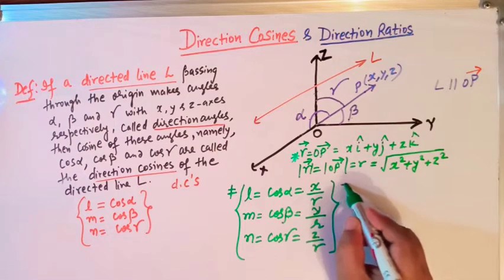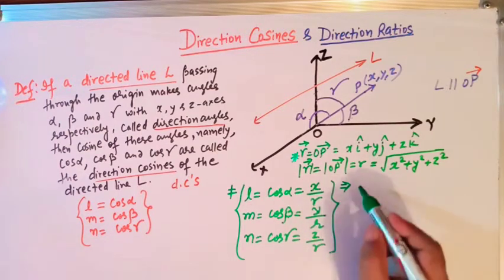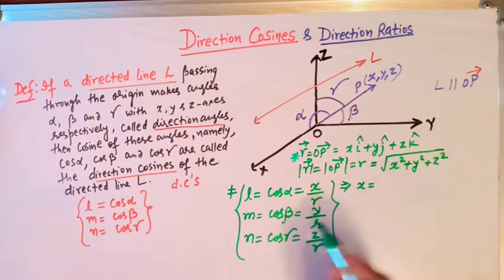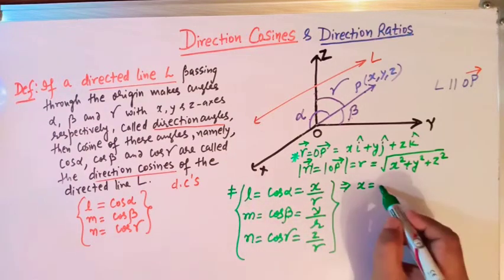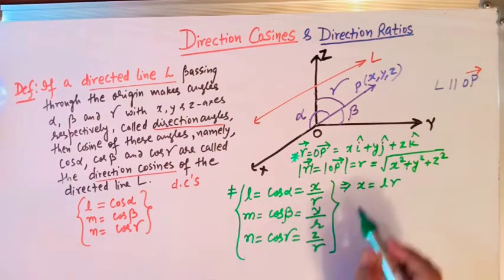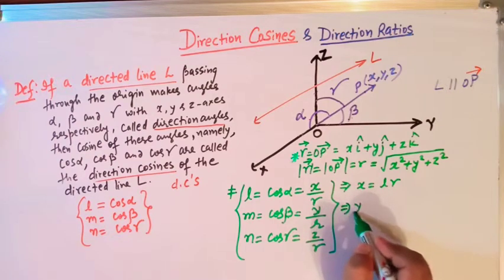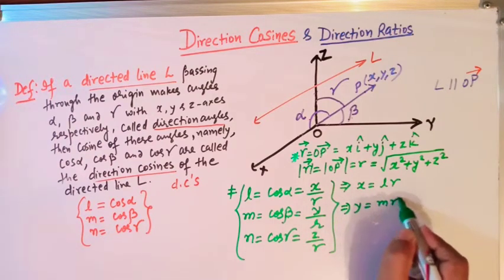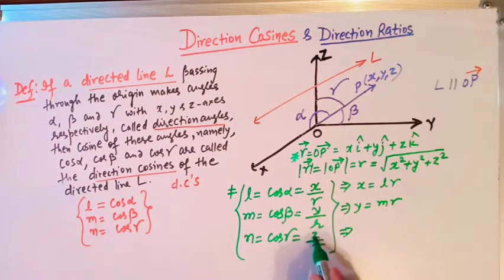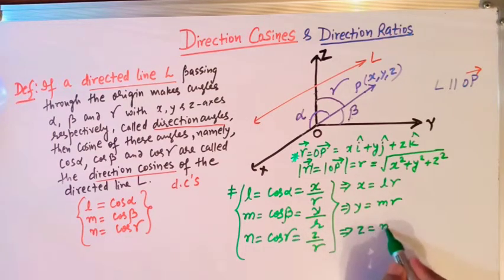Now from here we see that x can be written as lr, right? y is equal to mr, and z is equal to nr.